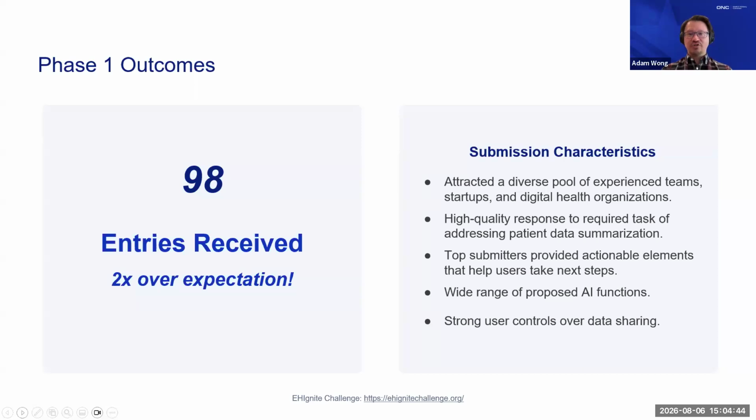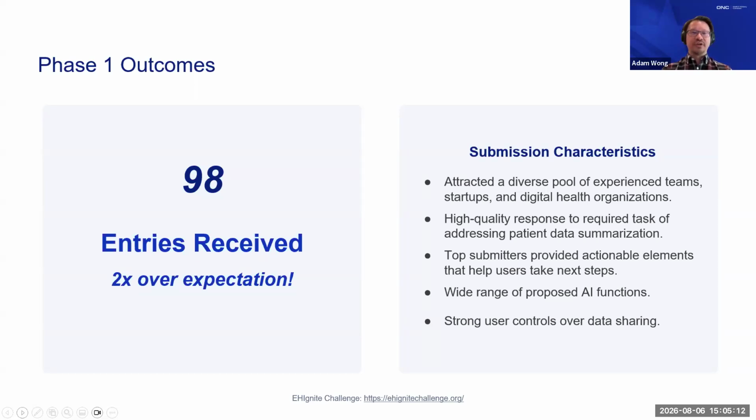The challenge attracted a diverse pool of experienced teams and individuals, startups, and digital health organizations. We saw a very high quality response to the most basic task of addressing patient data summarization. And the best responses clearly described their visions of summarization and/or presented clean, user-friendly wireframes that demonstrated the visual aesthetic and organization of information.